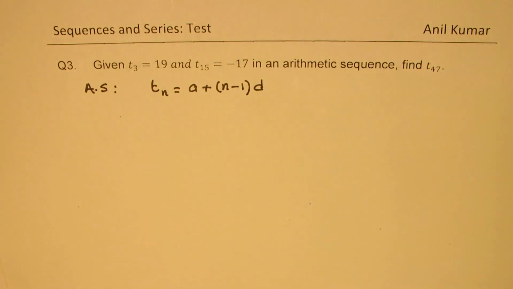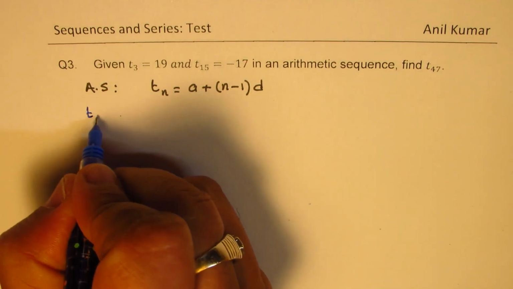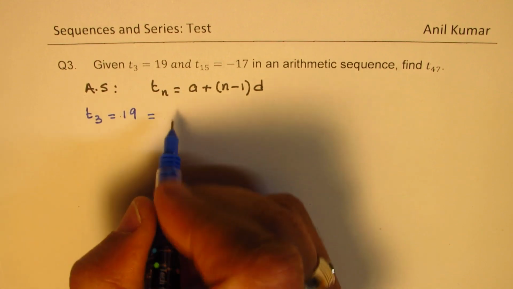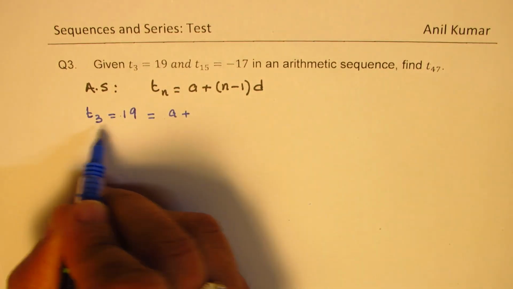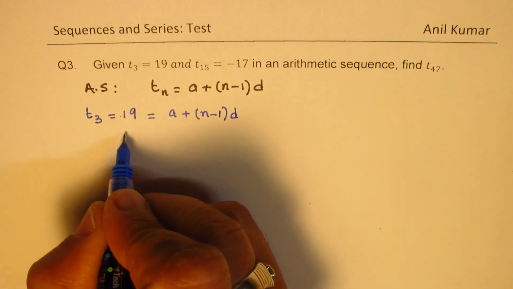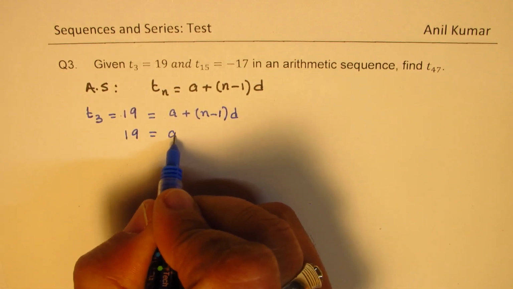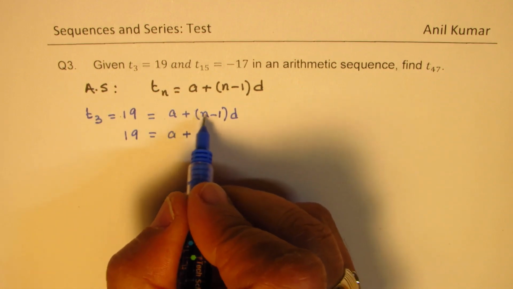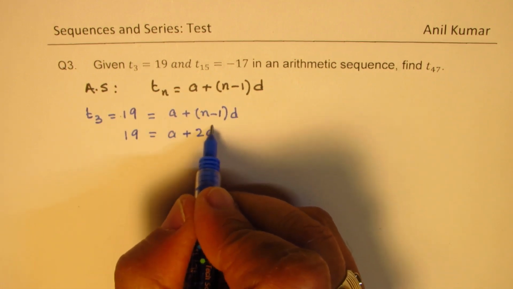Now, when you are given that T3 equals 19, we could write this T3 as a plus 3 minus 1 times d, or we can say 19 equals a plus 2d, correct?